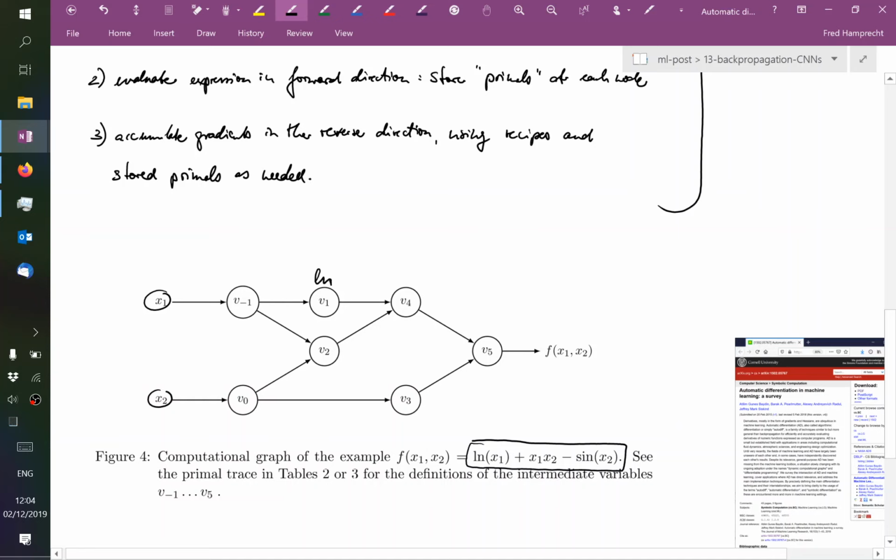Then we have something that takes the product of x1 and x2. That's this thing here, product. Then the two are being added up. That's the summation here. There is also a sign being computed, the sign of x2. And then the two results, one is subtracted from the other to give me the final output.